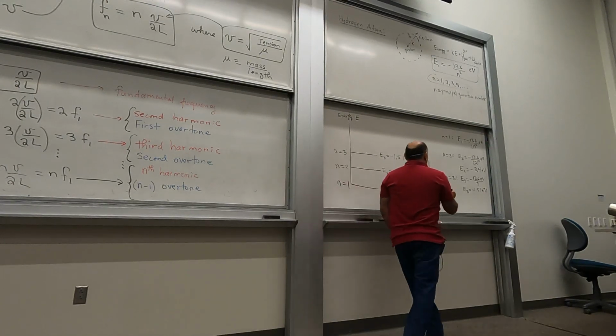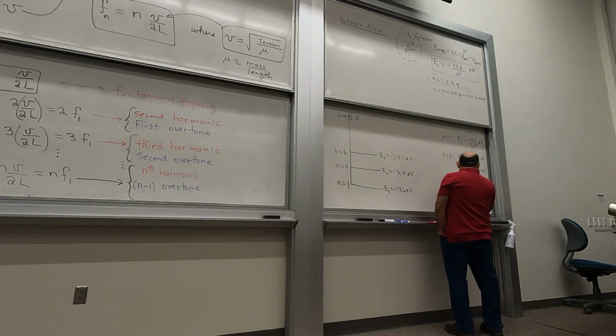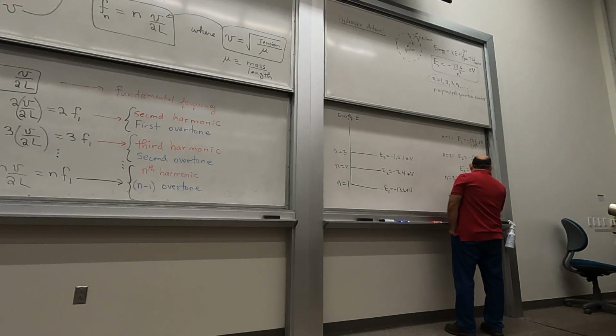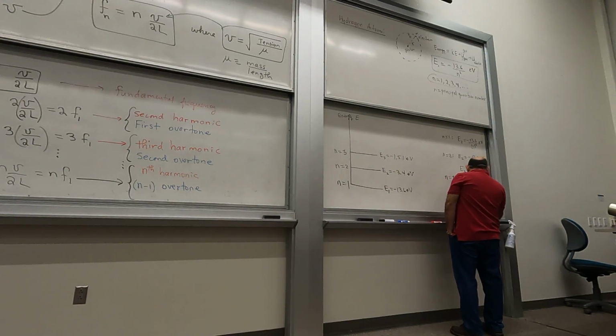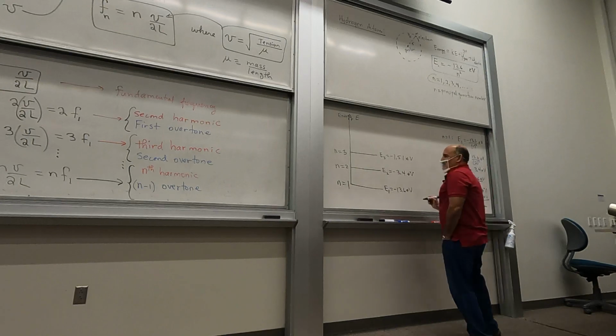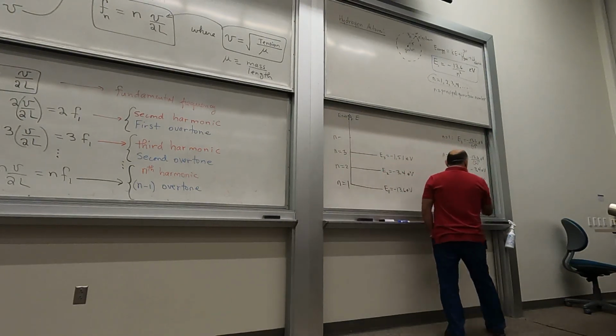And then if n equals 4, E4 would be minus 13.6 electron volts divided by 16, and minus 0.85, I think.